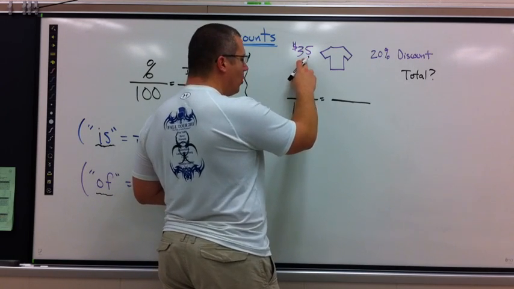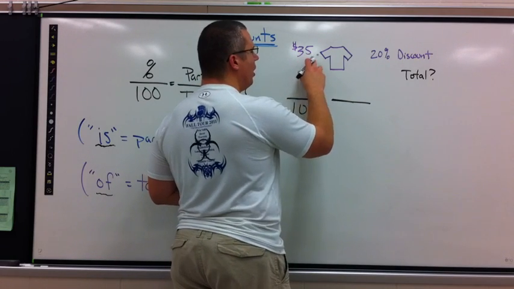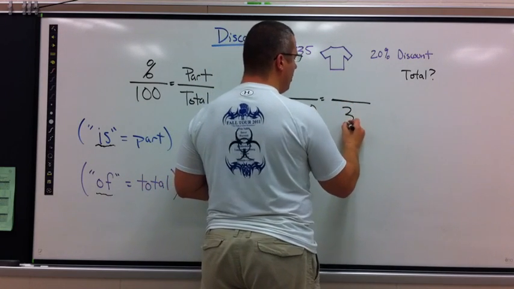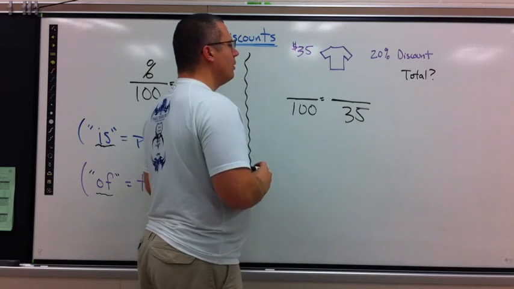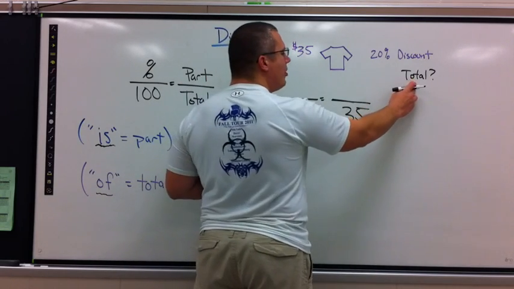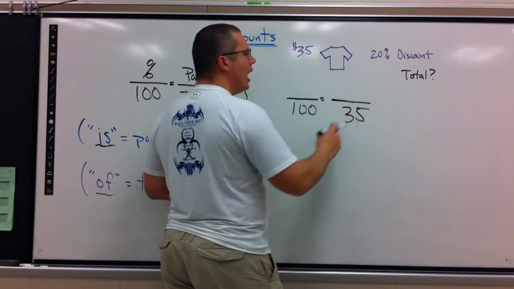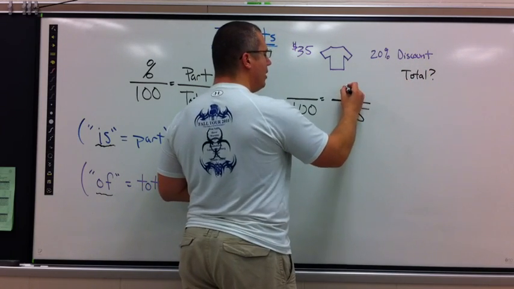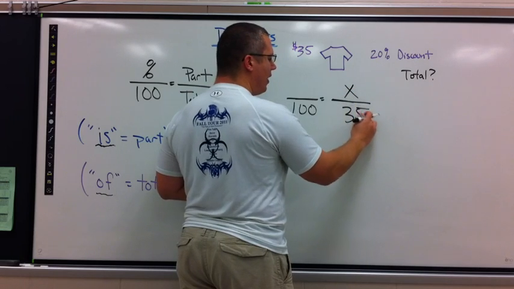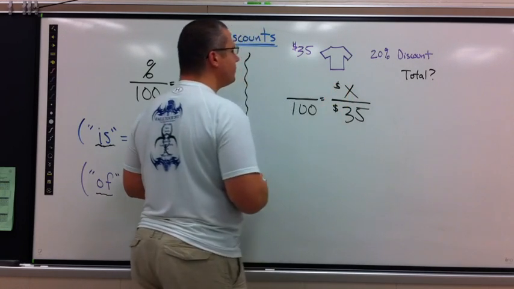This is my total as far as the proportion goes, because that's the total amount of the shirt. 35 goes on the bottom. Now I know I just got done saying what's my total, but remember this is going to be different. It's going to be lower because of the discount. I don't know what part of the $35 I have to pay. That's why I put an X there, X dollars.